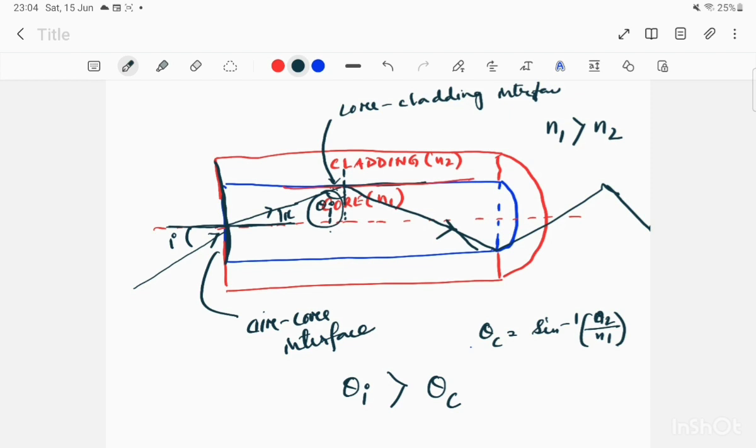But if any ray of light is incident at another angle which doesn't fulfill this particular condition, that ray of light will pass out of the core cladding surface and move into the air.